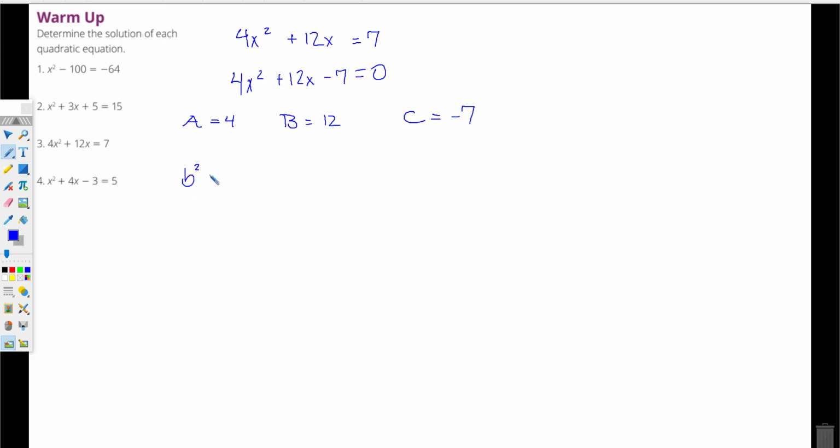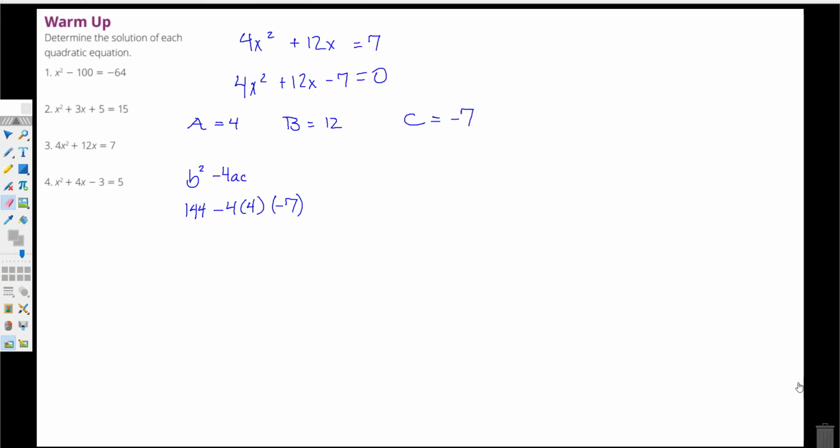And so b squared minus 4ac, 144 minus 4 times a negative 7. And so when we multiply that together, we get 28 times 4, which is 112.